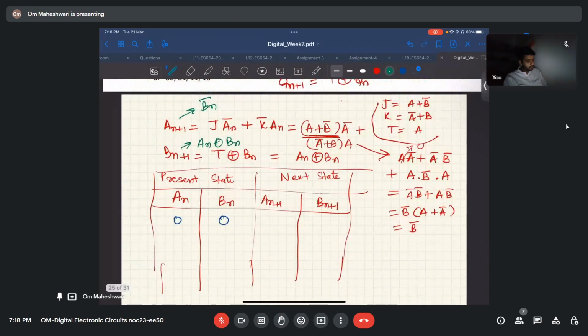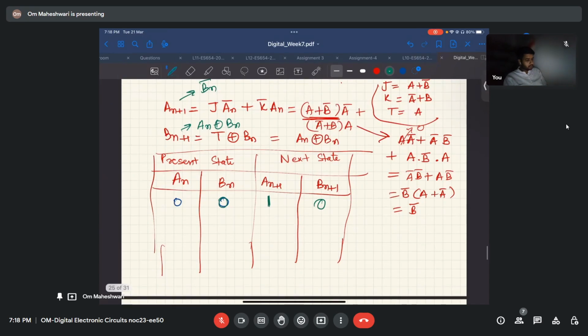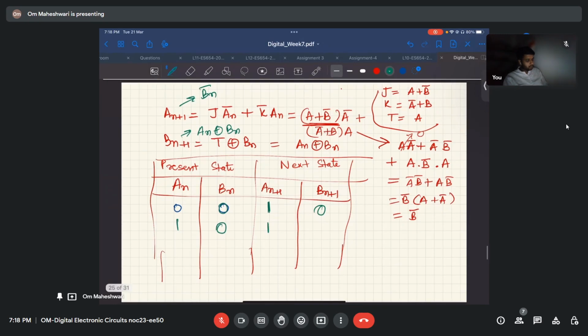N plus 1 is Bn bar, so B was 0, it will go to 1. Bn plus 1 is XOR, this is 0. So this next state will be copied here, 1 0. N plus 1 is Bn bar, that is 1, that is XOR 1. So 1 1 is there now.